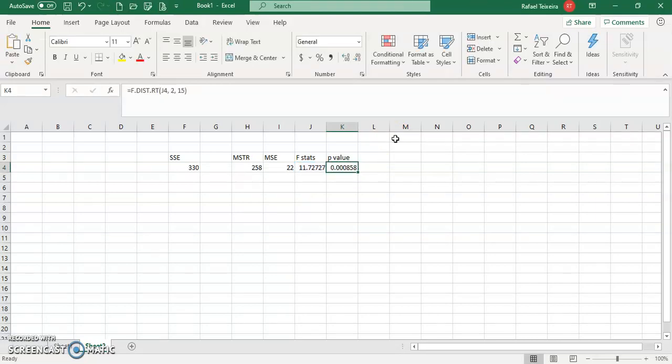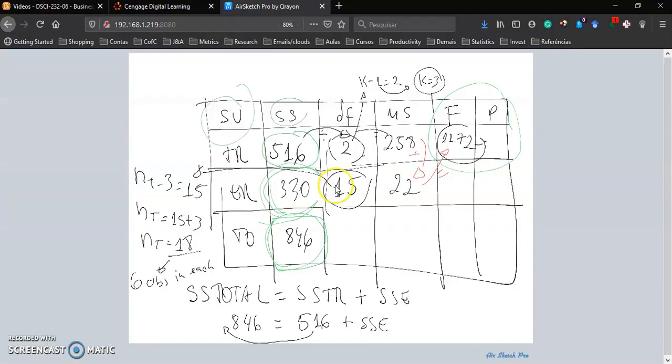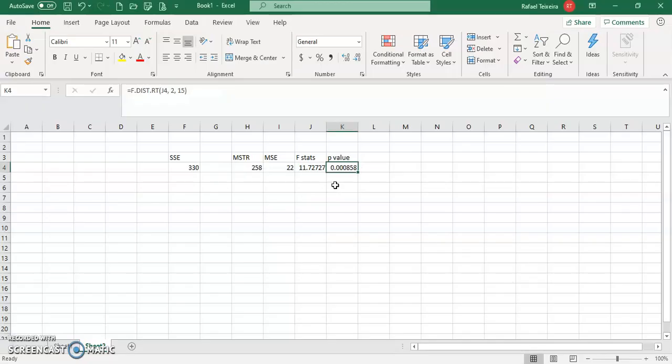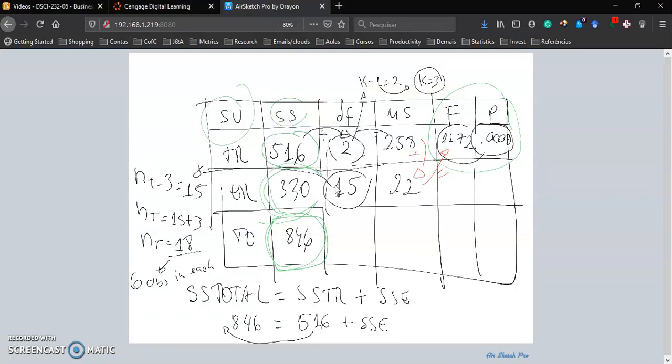The p-value is very, very small, much smaller than the alpha level. I'm not going to write it here because it's too small, so let's put it here: 0.0008, I think. So reject the null. Why do I reject the null? Because the p-value is smaller than the alpha level of 0.05.